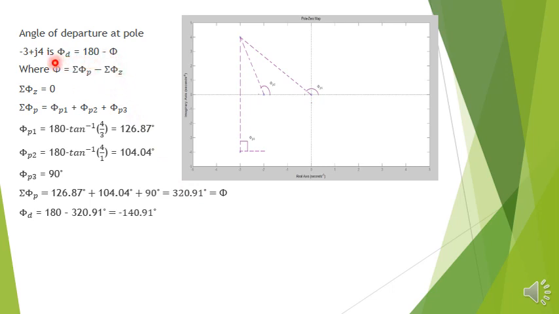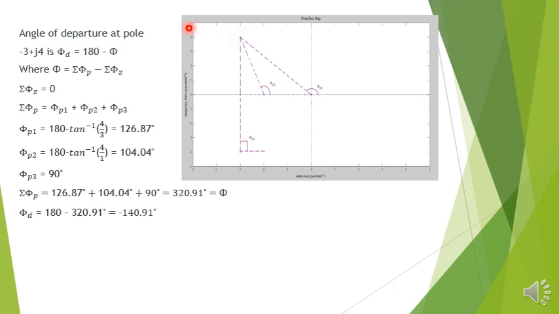So the angle of departure at pole minus 3 plus j4 is 180 minus 320.91, which is equal to minus 140.91 degrees. So from this pole, it will start a branch at an angle of about minus 141 degrees.